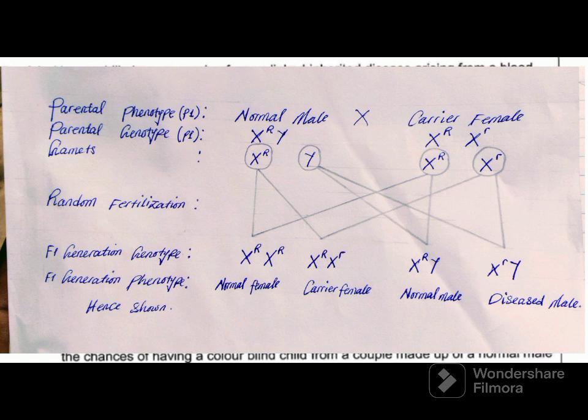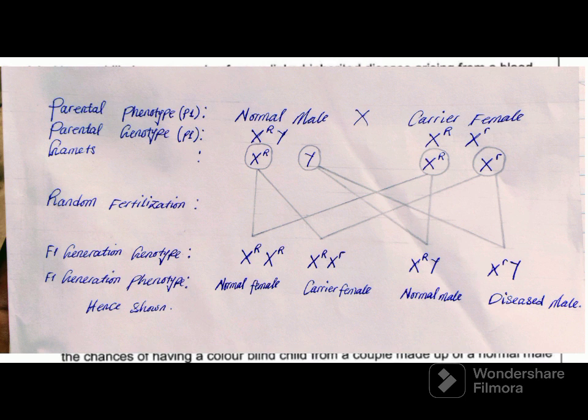X to the power capital letter R, X to the power small letter r is a carrier female. X to the power R and the Y chromosome shows that this offspring is a normal male. And X to the power small letter r and the Y chromosome shows that this male offspring was diseased.